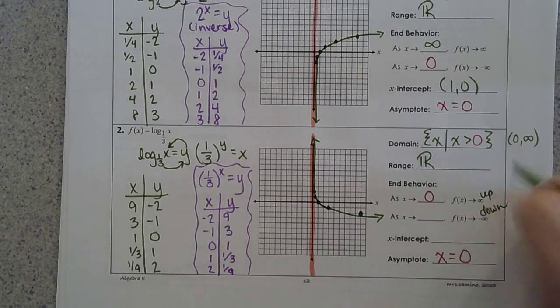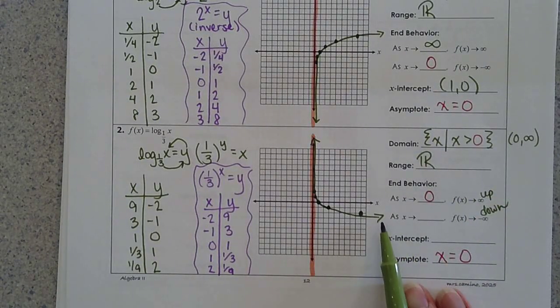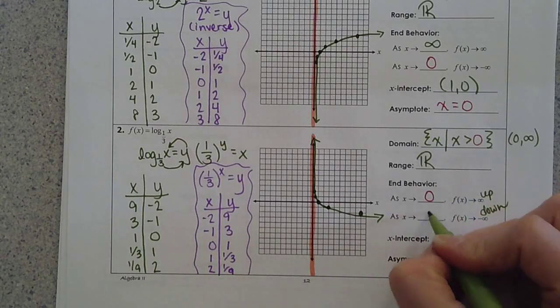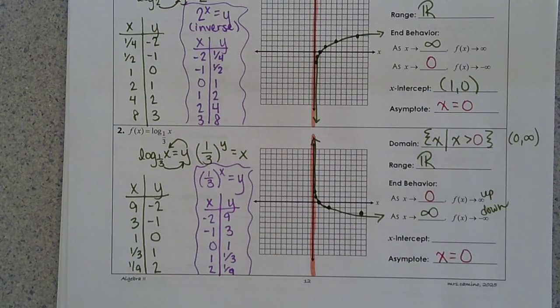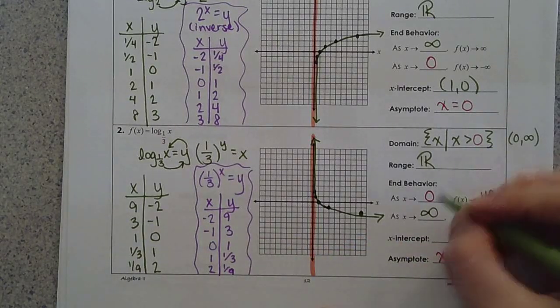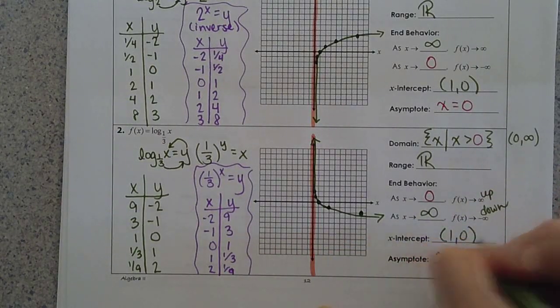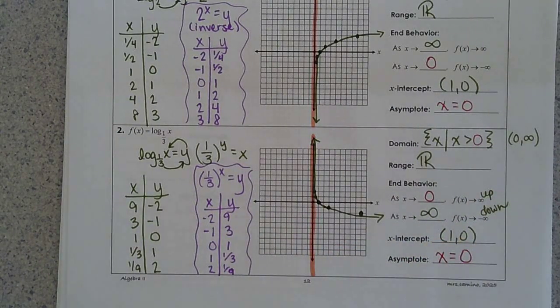My end that's pointing down is going to go out and away forever, to negative infinity. Those will be switched depending on if you have growth or decay in your inverse. And then my x-intercept is the point (1, 0). Ask me a question. What can I clarify?